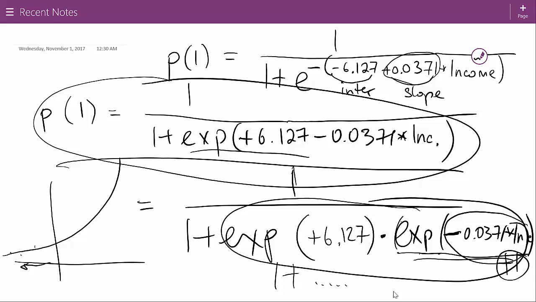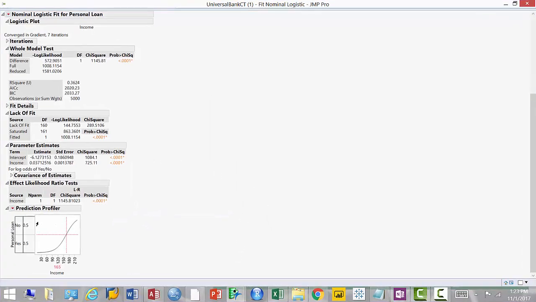That basically explains in a messy way why an income increase results in a probability increase. And that's exactly what we saw on the output. This one right there. It says income goes up, your probability of agreeing to the loan also goes up, okay? So therefore, simple rule of thumb, ladies and gentlemen.